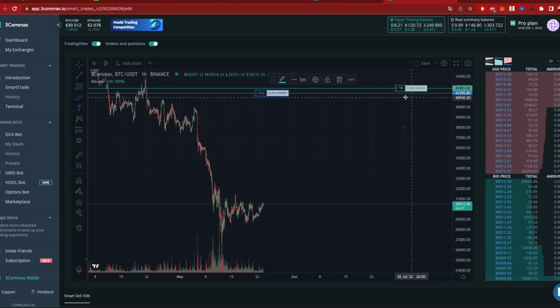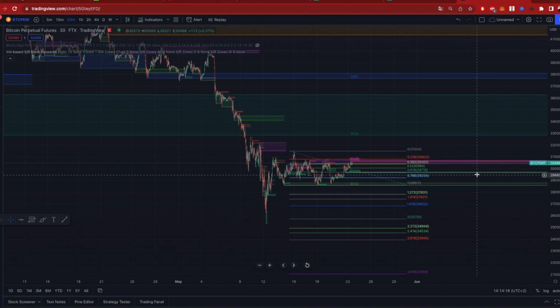So what would our targets to the upside be? We got this huge resistance zone right here from around 32.8 to 36.2, and then the next one would be 37, and then the next one 41. So you could do 10% at the beginning and 10% at the end of the first zone, scale out with 20%, scale out with another 30%.